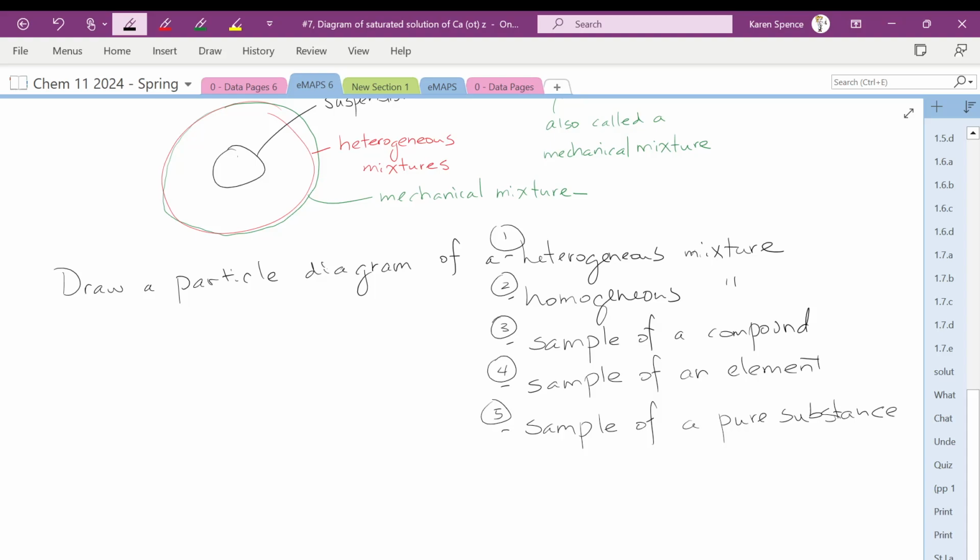Heterogeneous mixture is going to, who is it going to be? Azine. Hey. There you go. You can do it here. Yeah, for sure. I'll turn on the lights so we can see a little better.